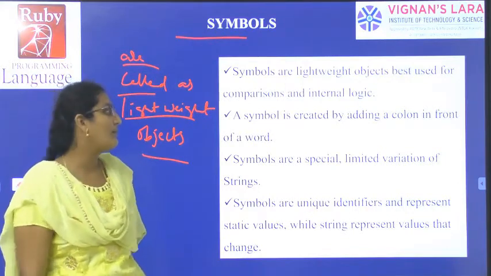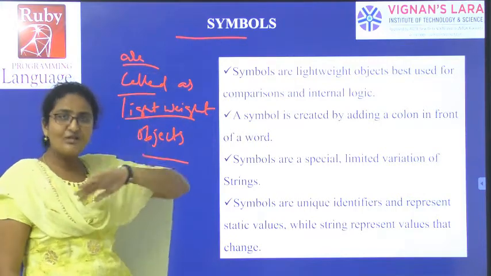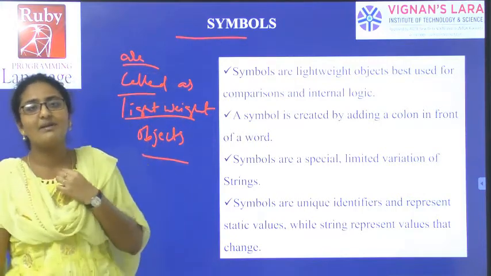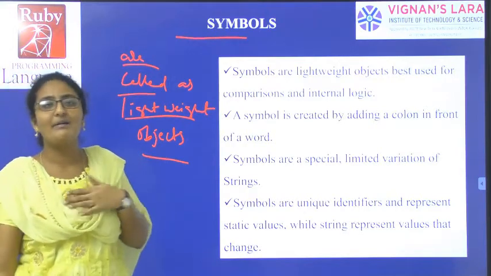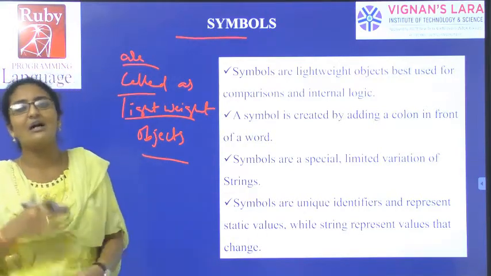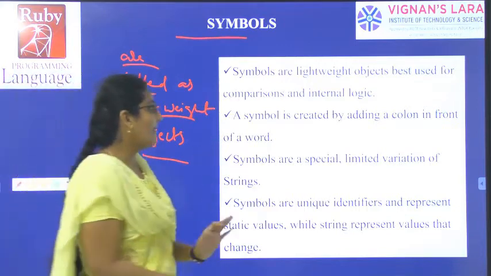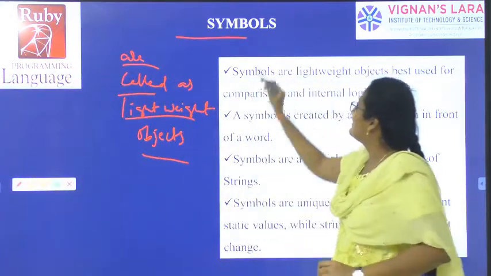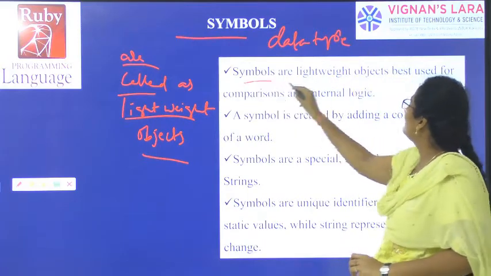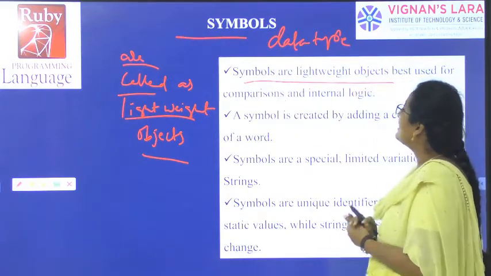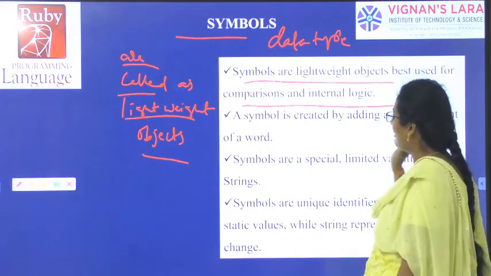Since you know all the programming languages from the previous classes, I am just talking about Ruby only. So when you know what an object is, the symbols data type in Ruby is nothing but a lightweight object which is used for comparison of internal logic.